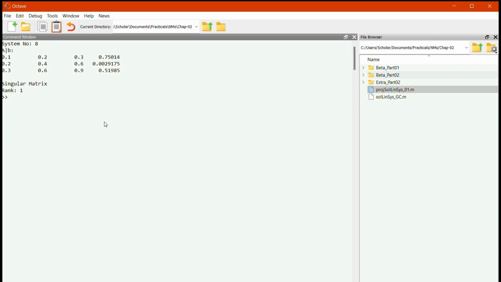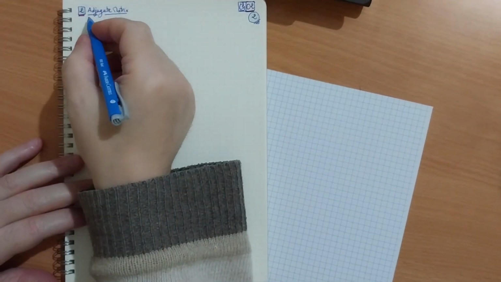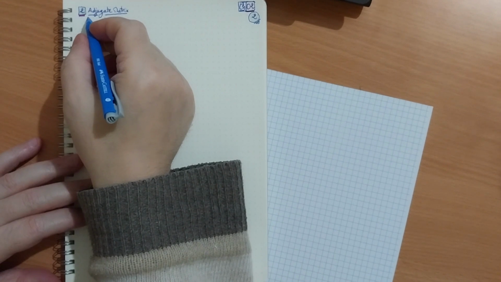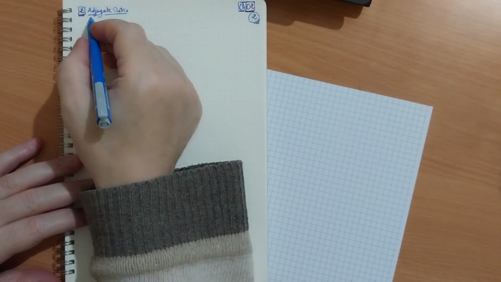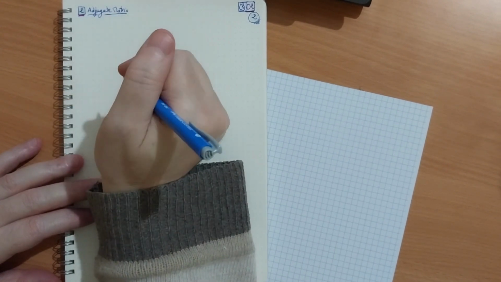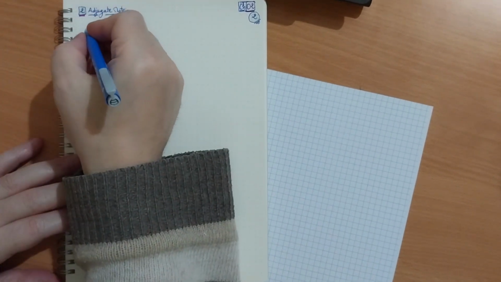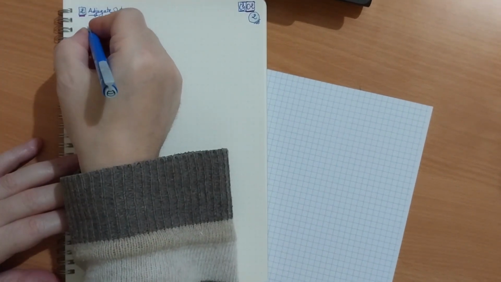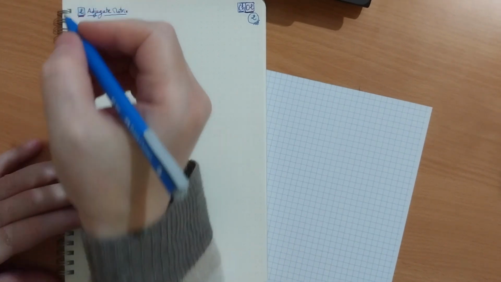Let's move to the second part, the Adjugate Matrix. The second part of this practical is dedicated to the Adjugate Matrix. First of all, let us make a simple revision of the method.